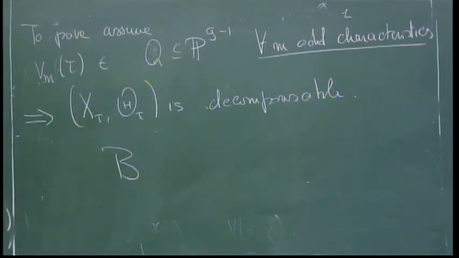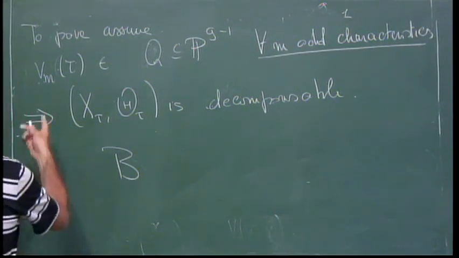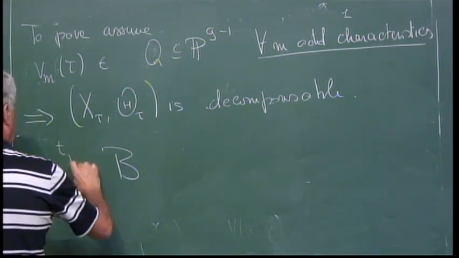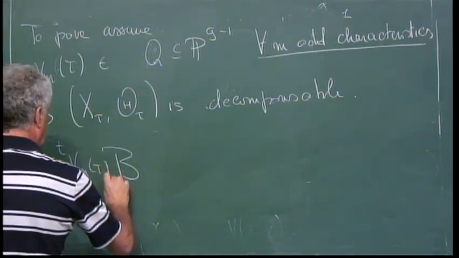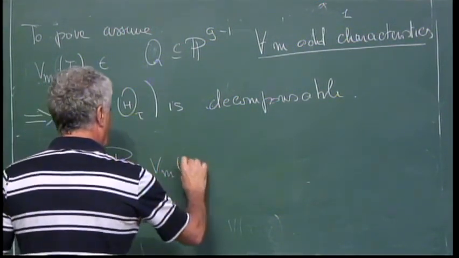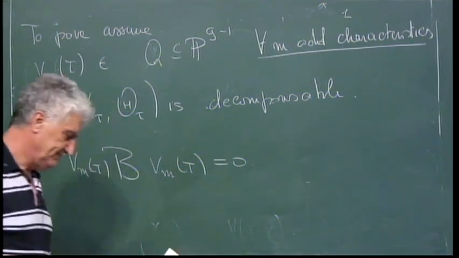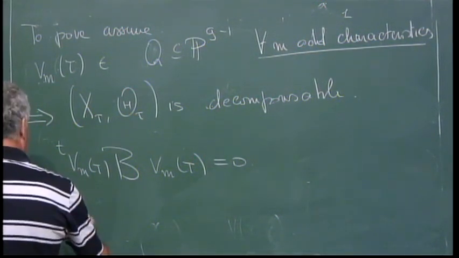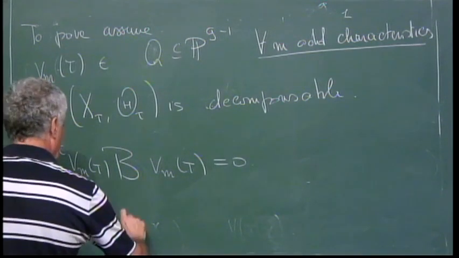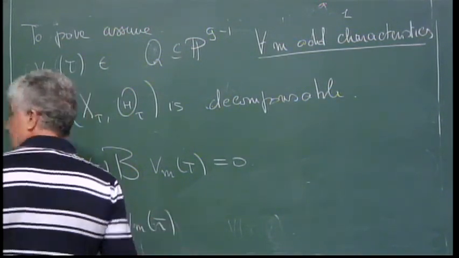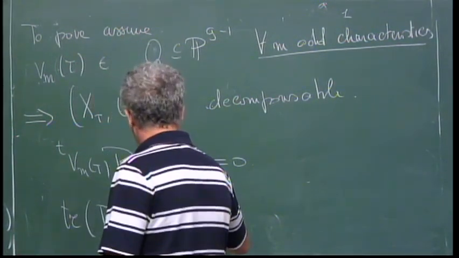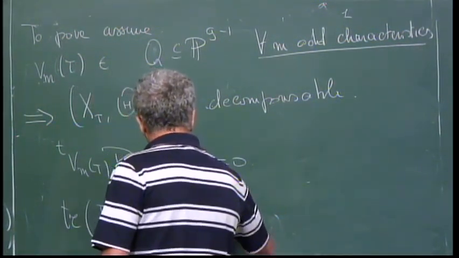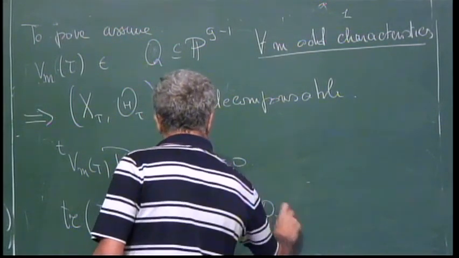Essentially, what we have is, for all M, the transpose of Vm of tau, B Vm of tau, is equal to 0. But now you can see that you really use the tricks from the basic course of linear algebra. This condition you can also write as the trace of B times Vm tau transpose Vm tau is equal to 0.